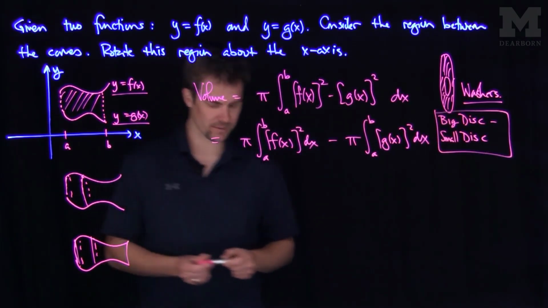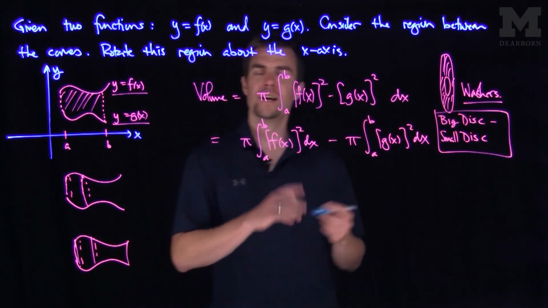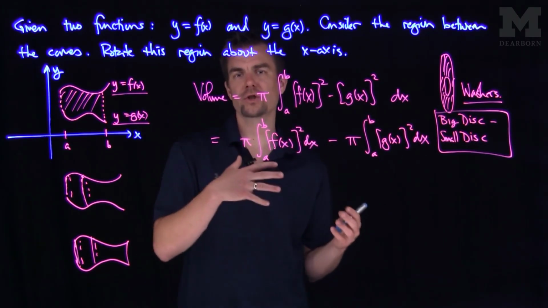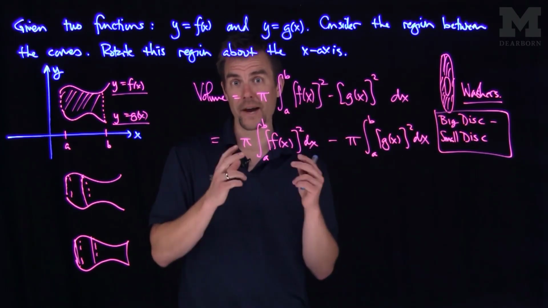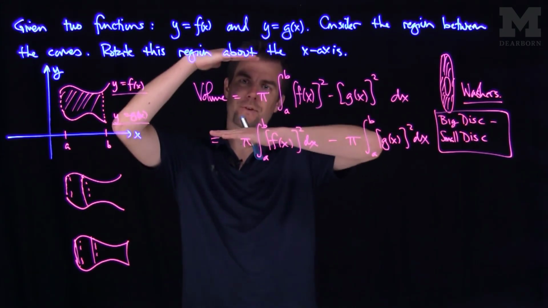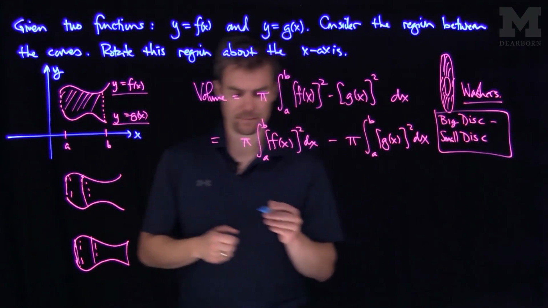So let's see an example of this. But it's important to realize that when you hear washer method, disk method, they're basically the same method. The washer method is just using the disk method twice and subtracting the bottom function's disk method from the top function's disk method. Let's see an example.